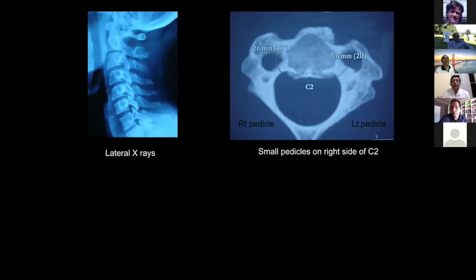So we cannot put a screw on one side, only on the other side, that is on C1, C2. Now, if you carefully look on the right side, this is the left side lesion. On the right side, the pedicle is very small. At the maximum, you can catch a pass. So whether unilateral fixation is okay, I'm not very sure, but it is possible.